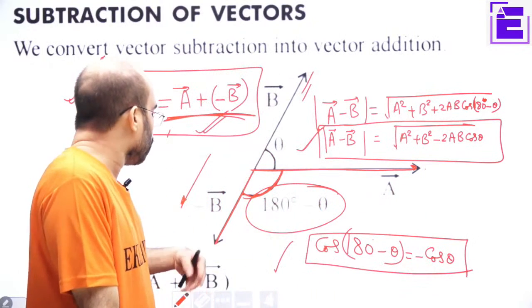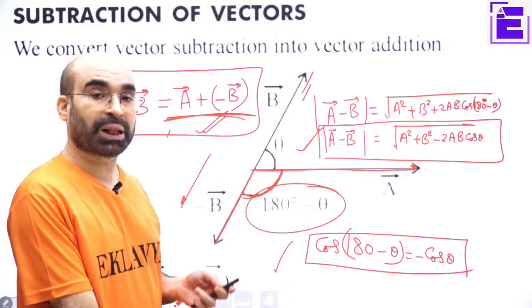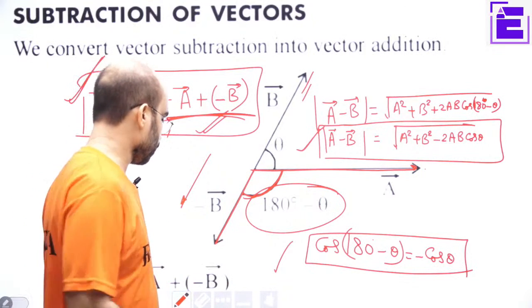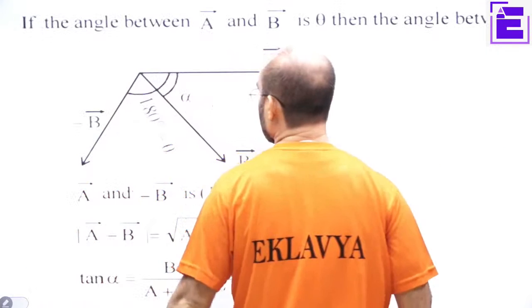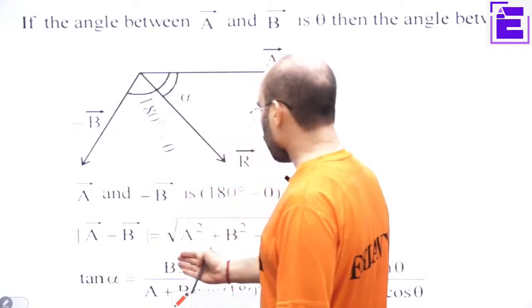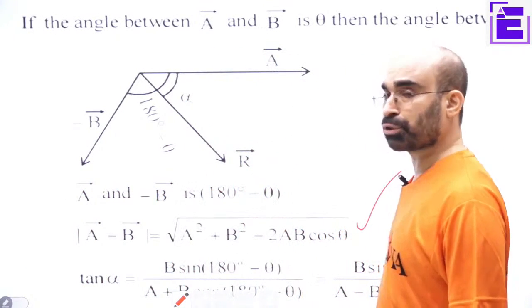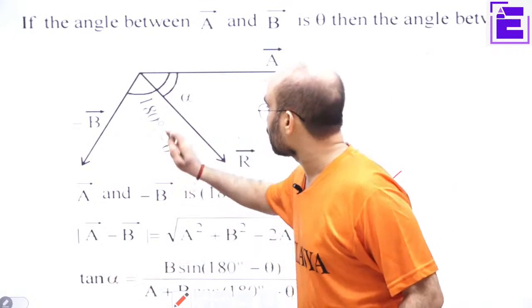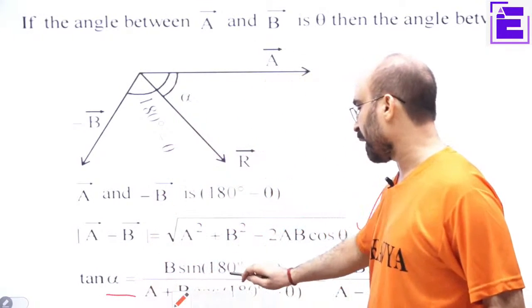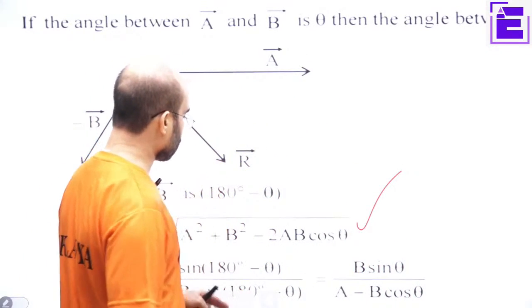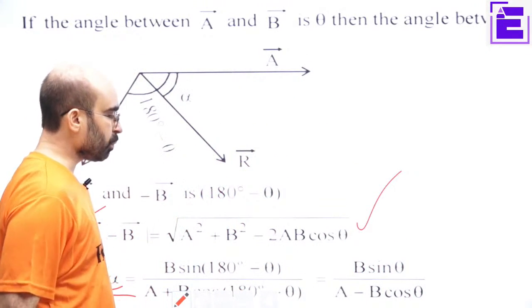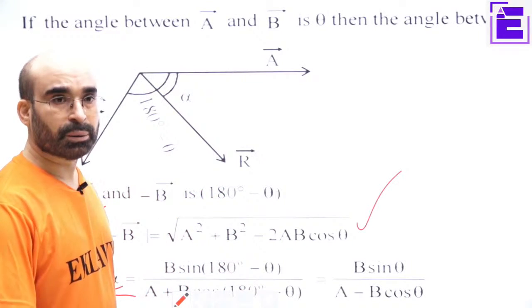So now let us move on to multiplication of the vectors. Before that, the direction of the resultant vector is tan alpha, right? This we have already understood.